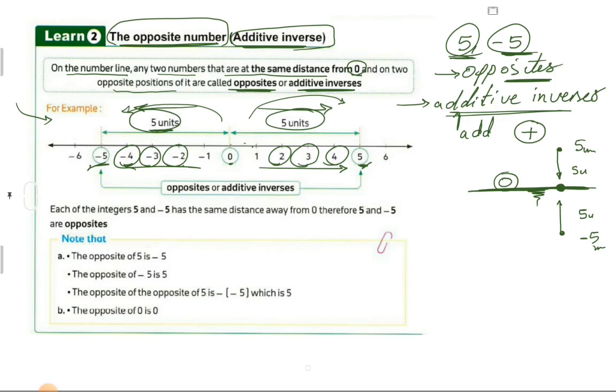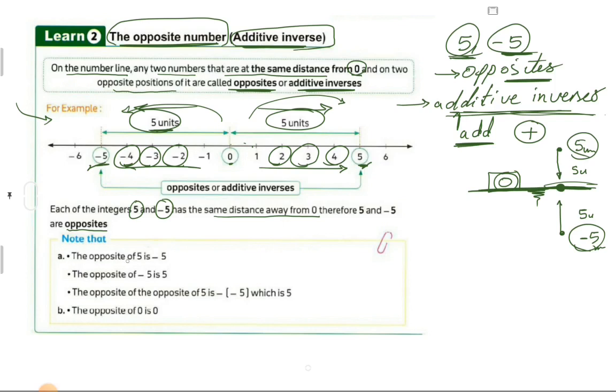So if we add these two integers, the 5 and its opposite negative 5, in between them is 0. So we call it additive inverse. Each of the integers 5 and minus 5 is the same distance away from 0. Okay, we call them opposites or additive inverses.